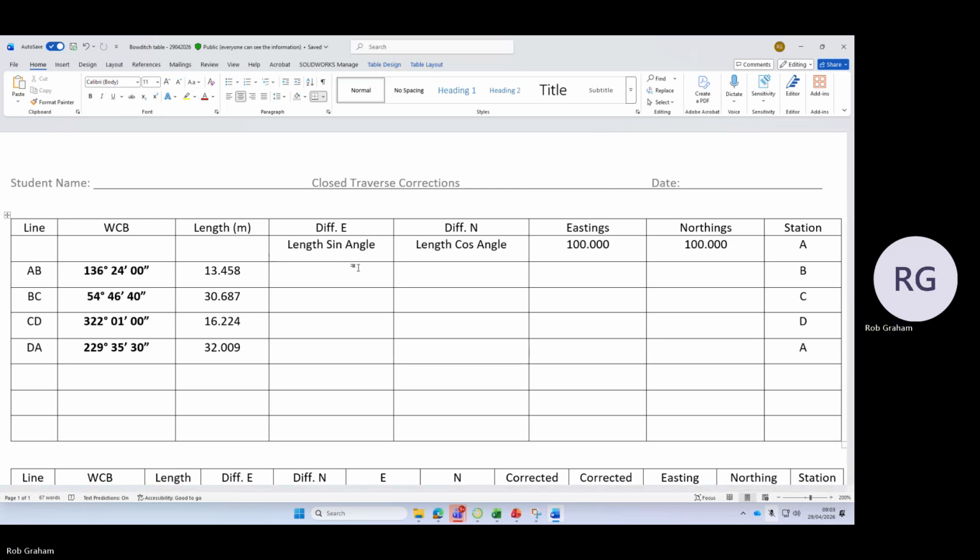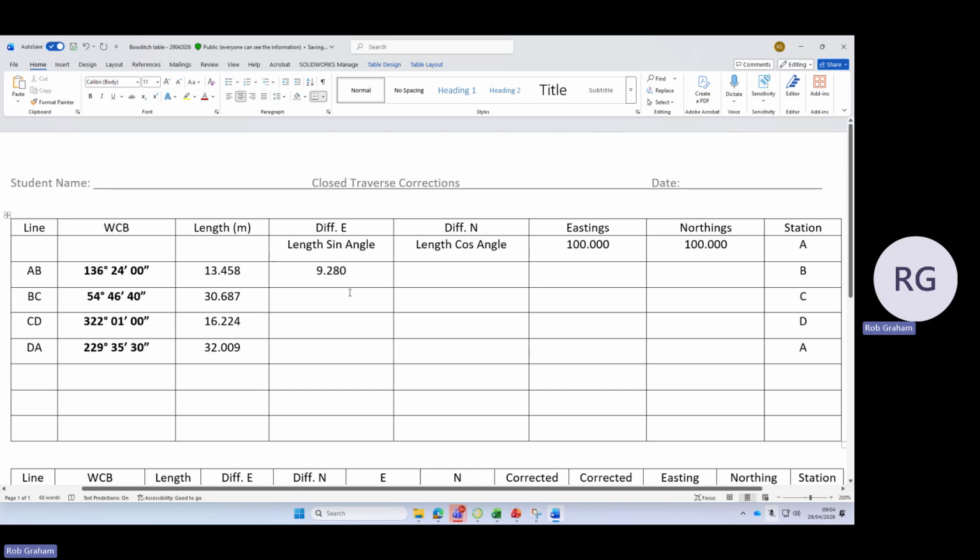13.458 sine, and the angle has to be input in degrees, minutes, seconds format, 2400, close your brackets, and we get 9.280. So it's important to write down the reading as it displays on your calculator as well, and we'll hopefully see that in a wee second.